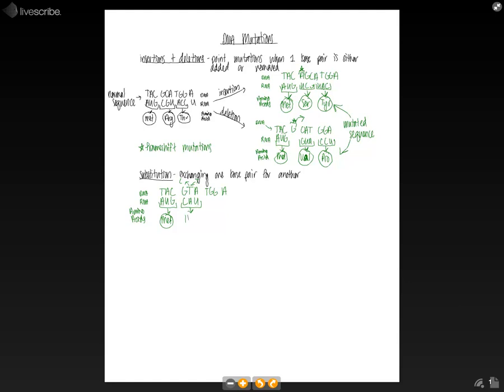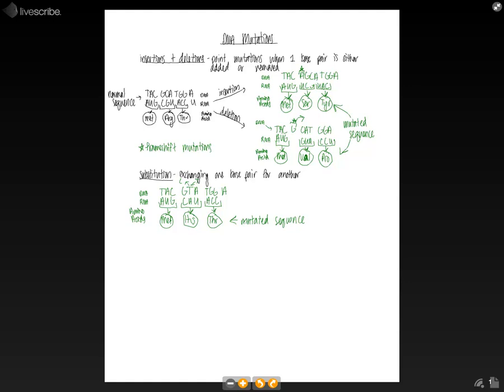Second one, we have a change here. So now we have a different amino acid. The third one, again, since we didn't shift the reading frame this time and we didn't change anything here, this one's going to be the same. But this is still a mutated sequence.